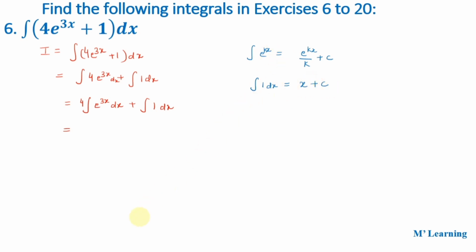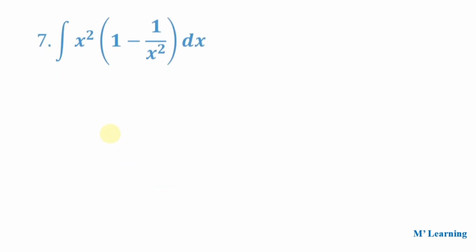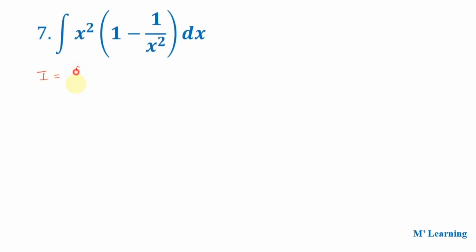So using these formulas, it will become 4 times e to the power 3x by 3, plus the integration of 1, which is x, plus c. Basically 4/3 e to the power 3x plus x plus c. This is its answer.